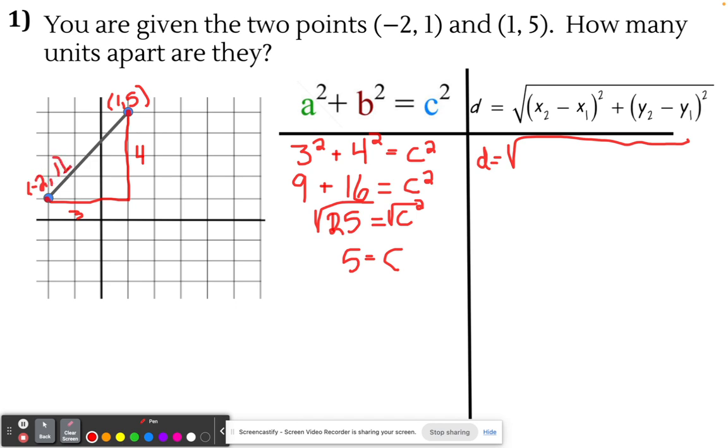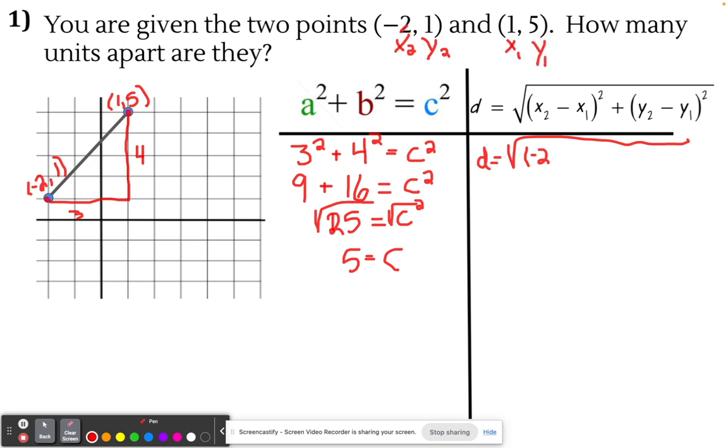So the distance between my x's would be -2. I'm going to call this one x2, and y2. It doesn't matter. The only thing that matters is that you keep track of which one's 1 and which one's 2.